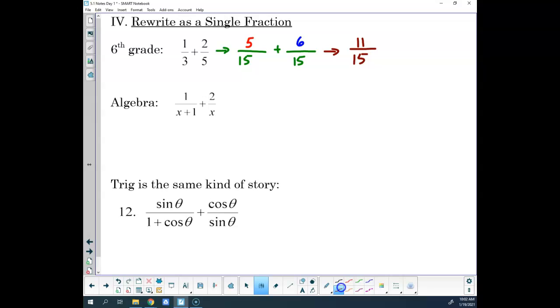Then fast forward a couple of years, probably the last year in your Algebra 2 classes, you did rational fractions. And we basically said the exact same thing. First off, you have to find a common denominator. In this case, the common denominator is x times x plus 1.